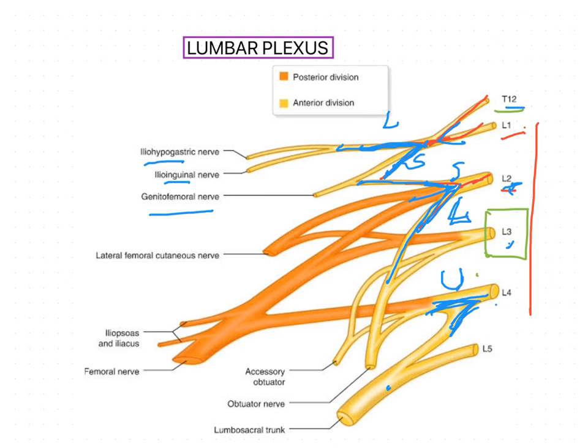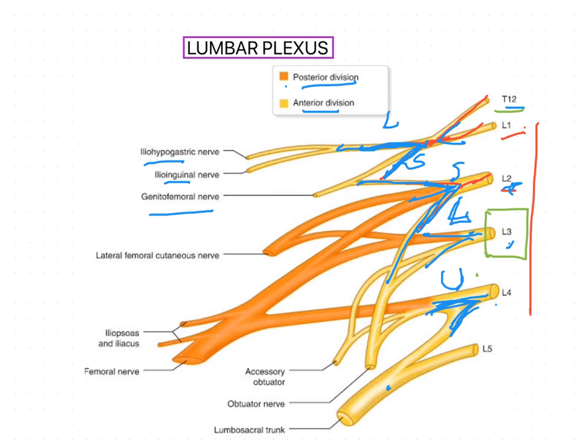The entire L3 doesn't have any upper and lower branches, so this L3 is directly divided into anterior and posterior divisions. This light yellow color is the anterior division and orange is the posterior division.